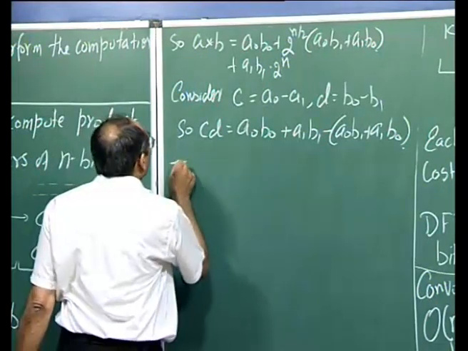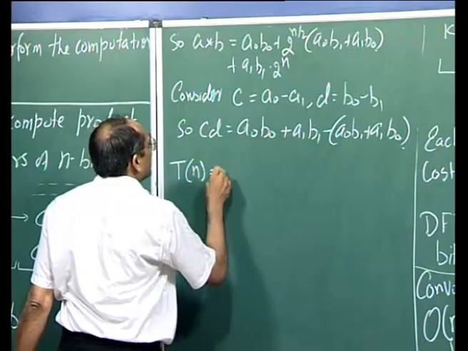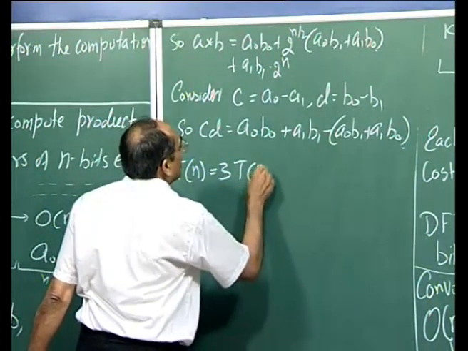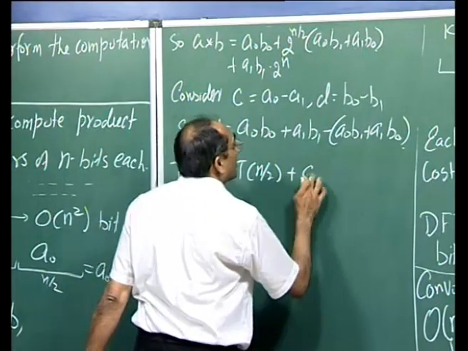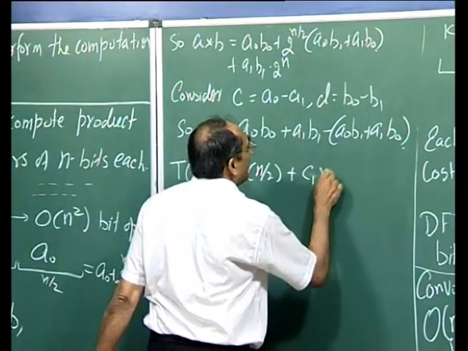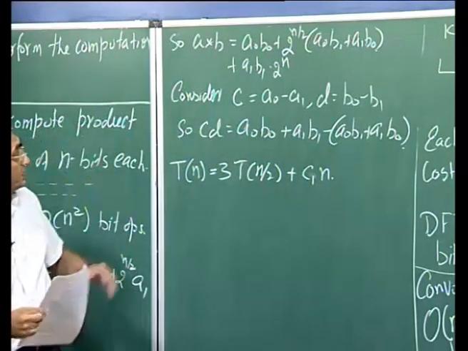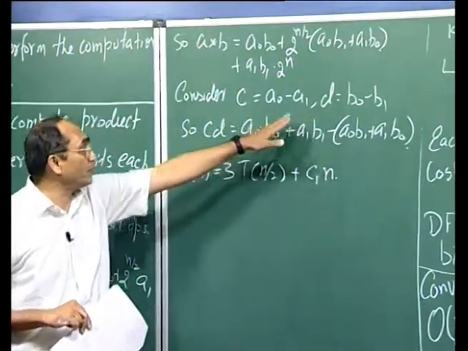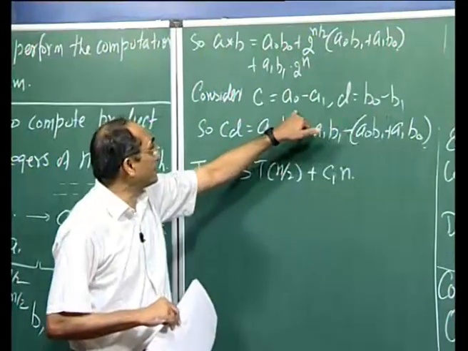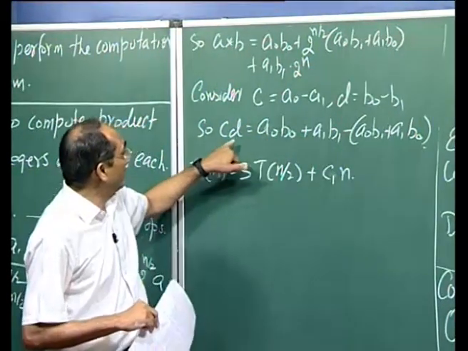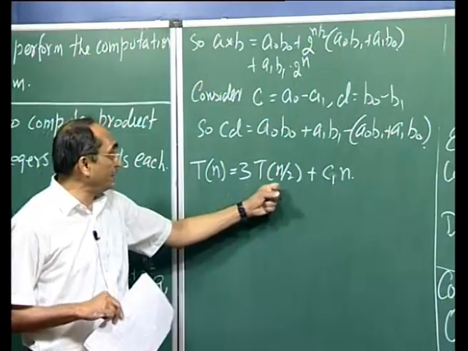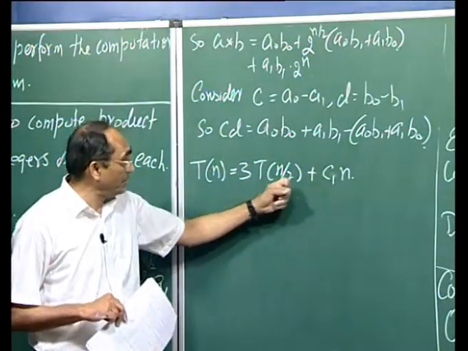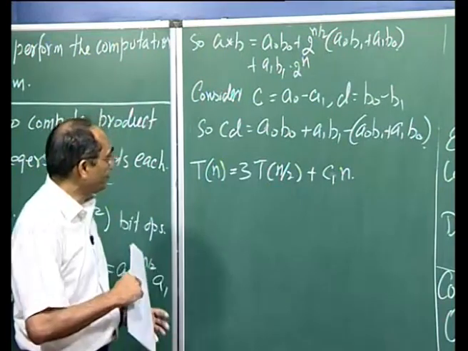So the total time complexity of this operation is some constant C1 times n, because we have certain linear operations in time. We are just subtracting and adding. So we are performing three operations of size n by 2 and some linear operations.